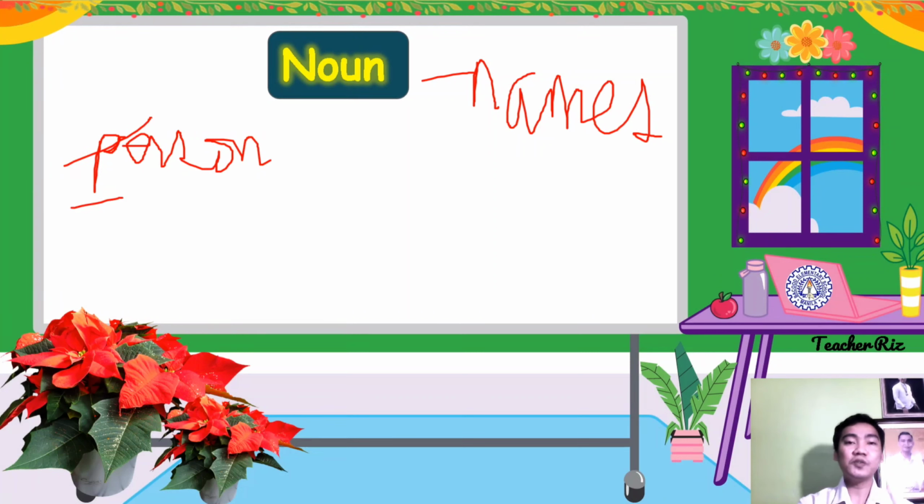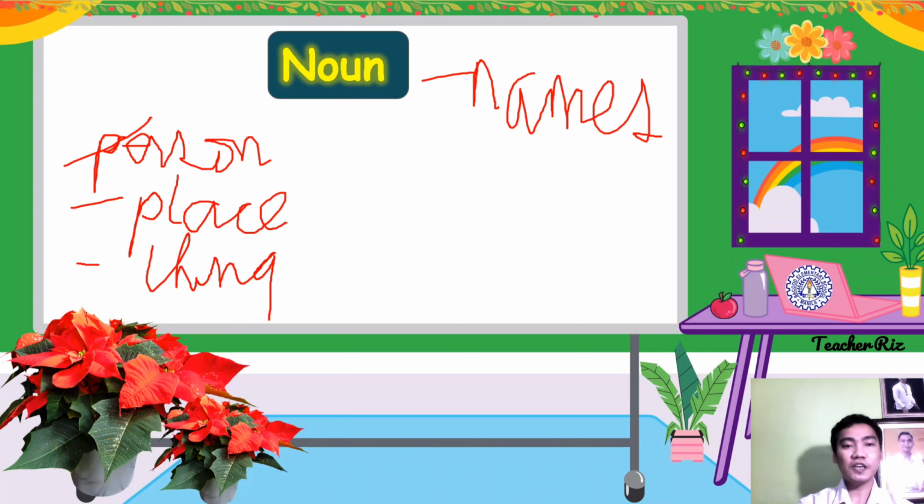Number 2, it may also name a place, so you can also say place. Next we have a thing, so anything that you can see around you, these are nouns.